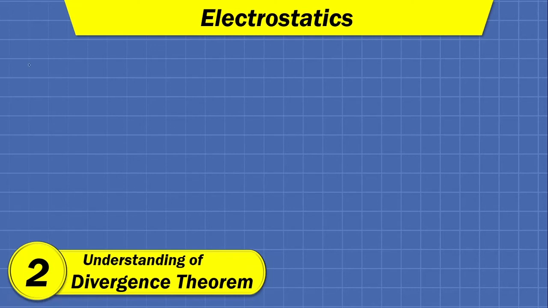So if anyone wants to derive the divergence theorem, then he or she must be familiar with Gauss's law and Maxwell's first equation. Okay, so let us try to derive the divergence theorem. The proof we will see afterwards. First we will derive the divergence theorem.